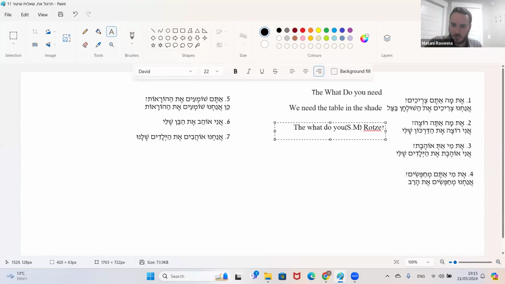And the response here is אני רוצה את הדרכון שלי. So I want the passport of mine. I want my passport. Last time we spoke about this. A passport is very specific. Everyone has his own passport, whoever issued it.